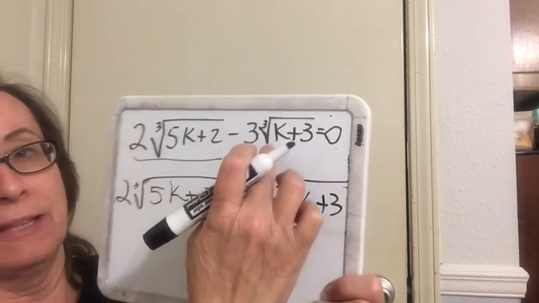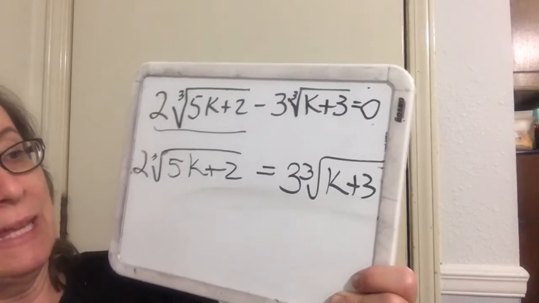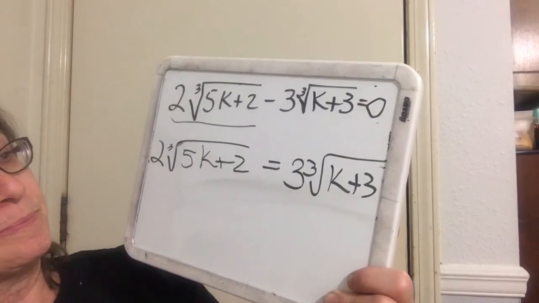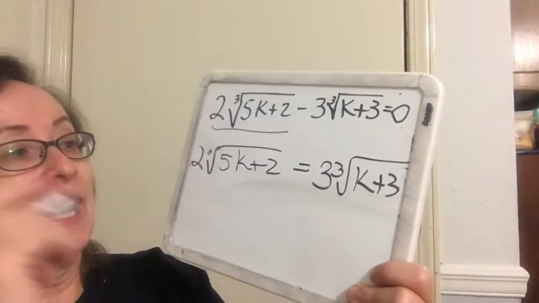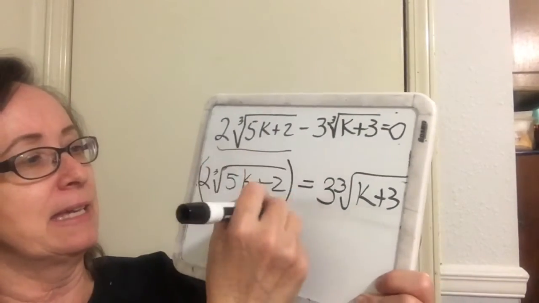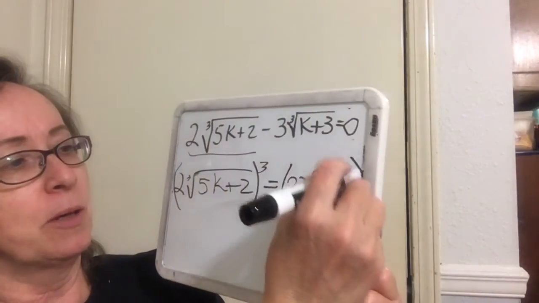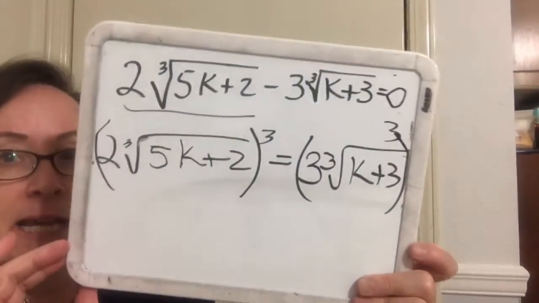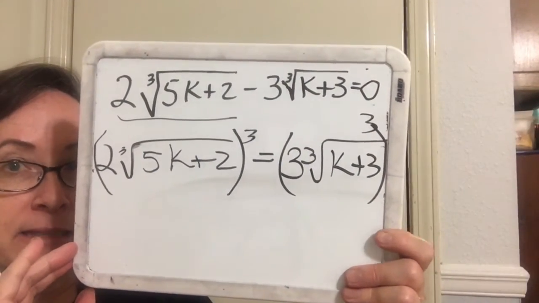So I basically sent this to the other side with the opposite sign. Now that I have both of them isolated, I can cube both sides.